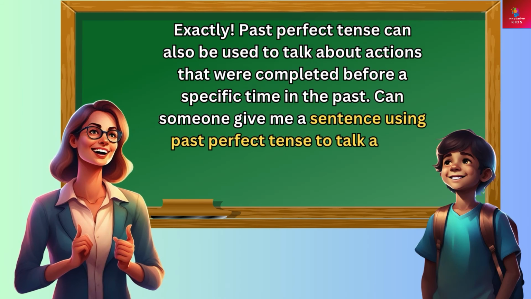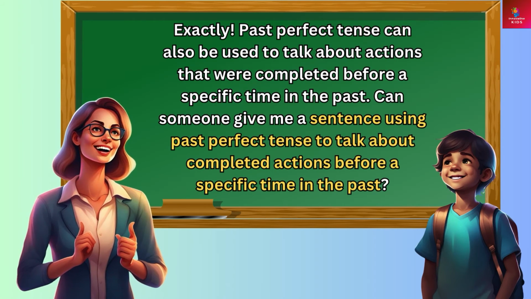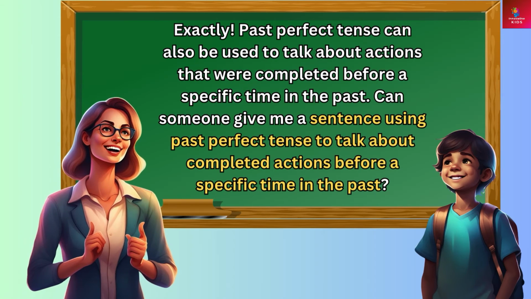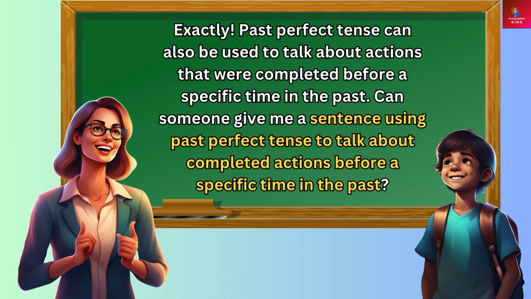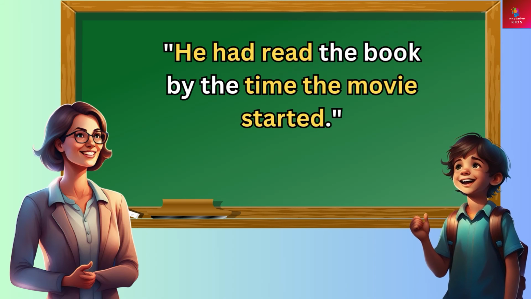Exactly. Past perfect tense can also be used to talk about actions that were completed before a specific time in the past. Can someone give me a sentence using past perfect tense to talk about completed actions before a specific time in the past? He had read the book by the time the movie started.